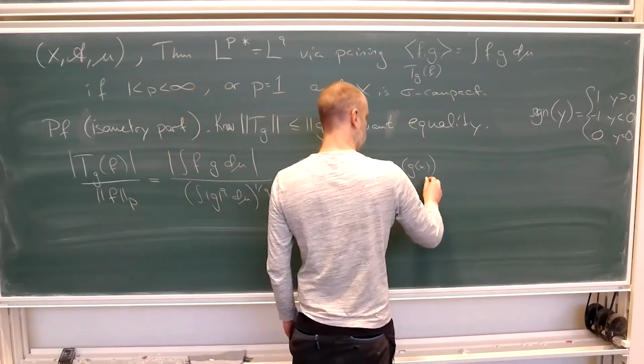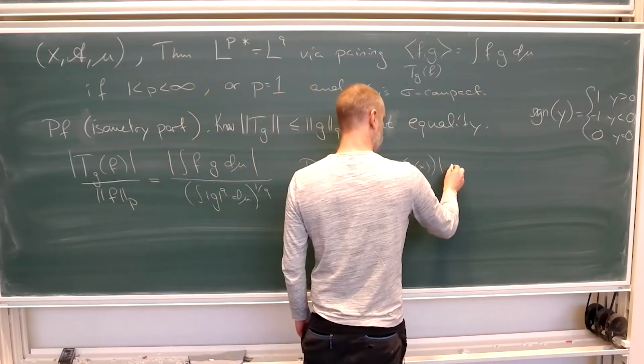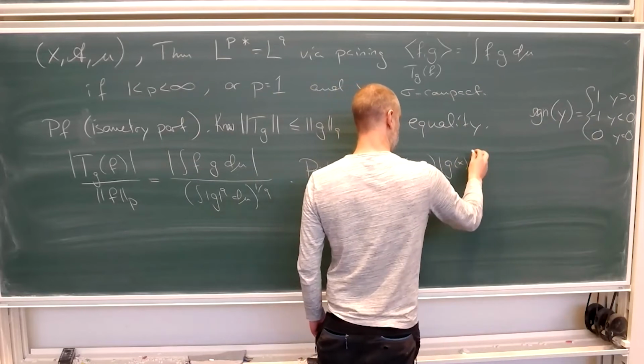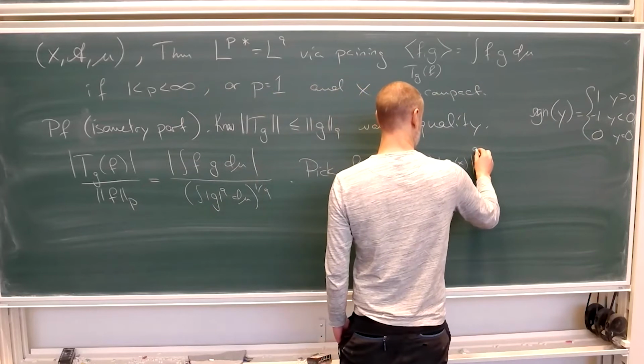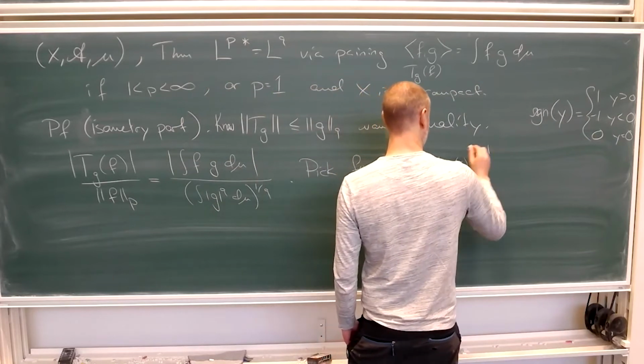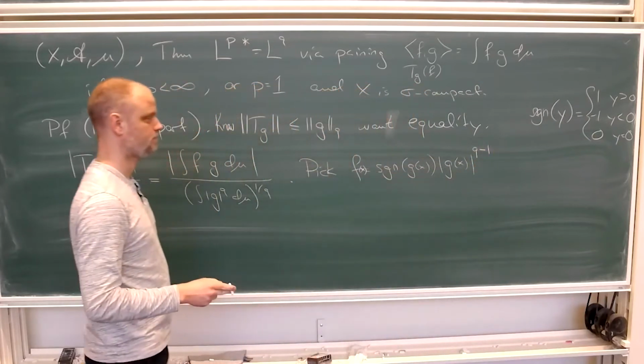So we do this, and then I take |g(x)| to the power of q minus 1. Okay?